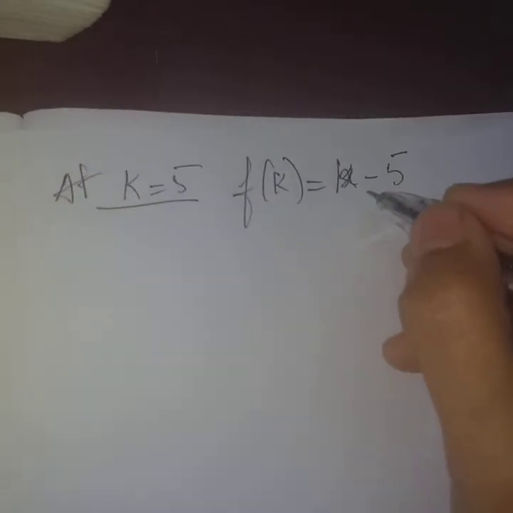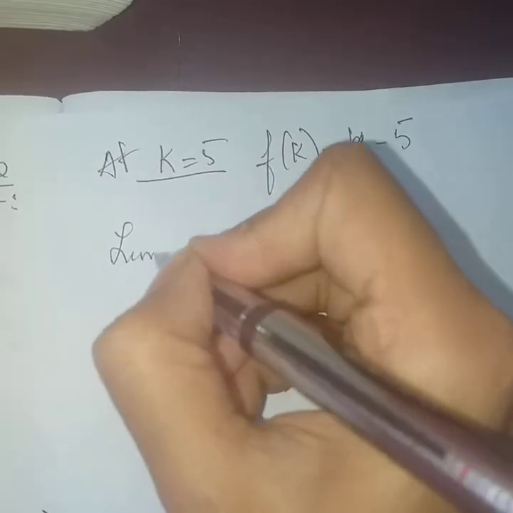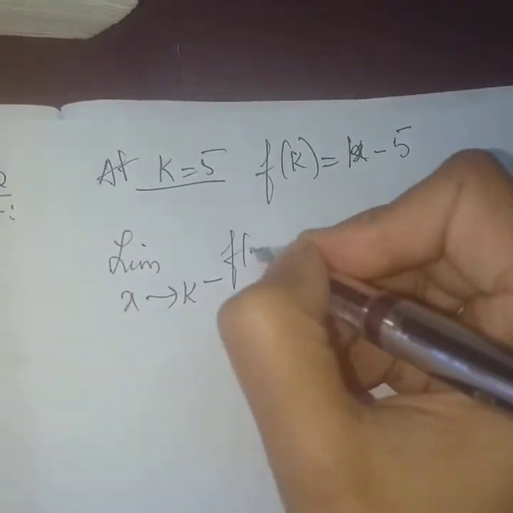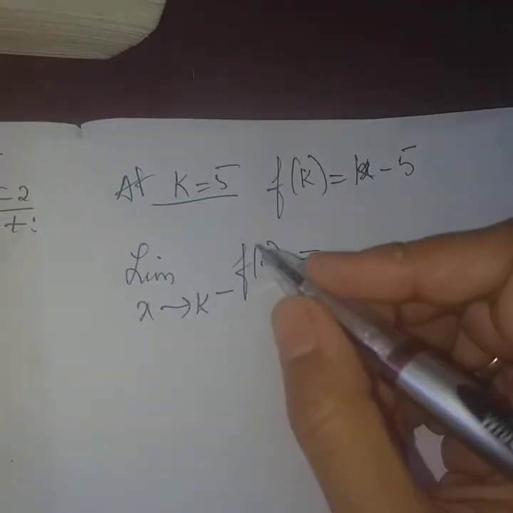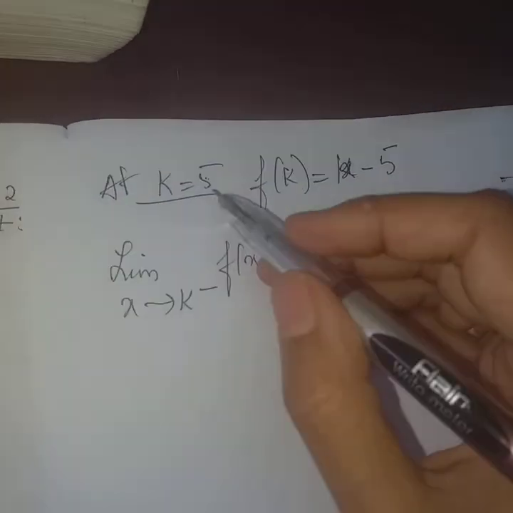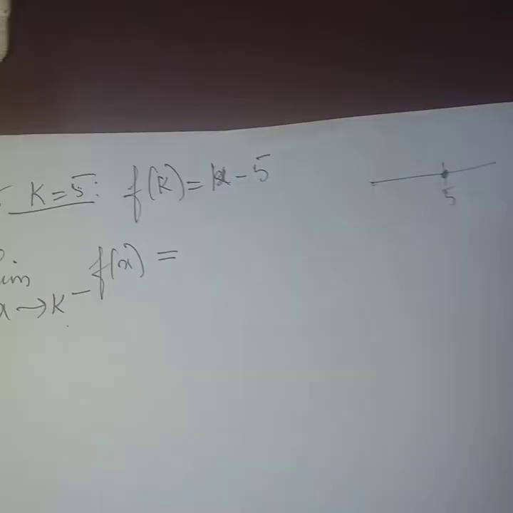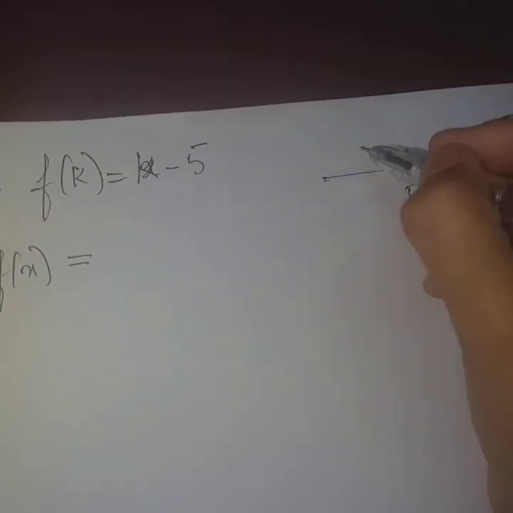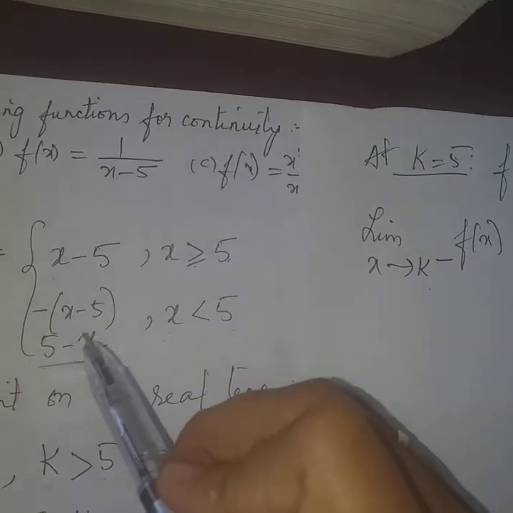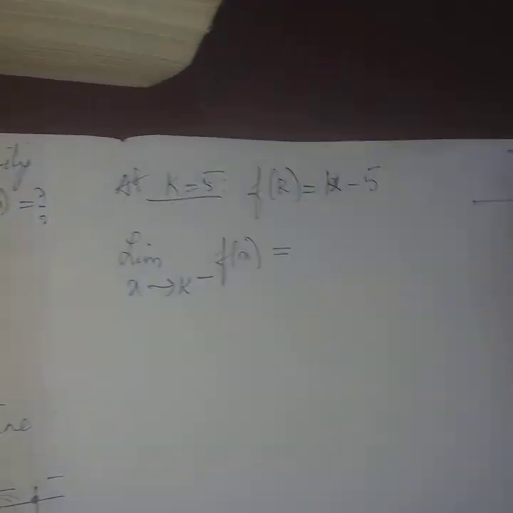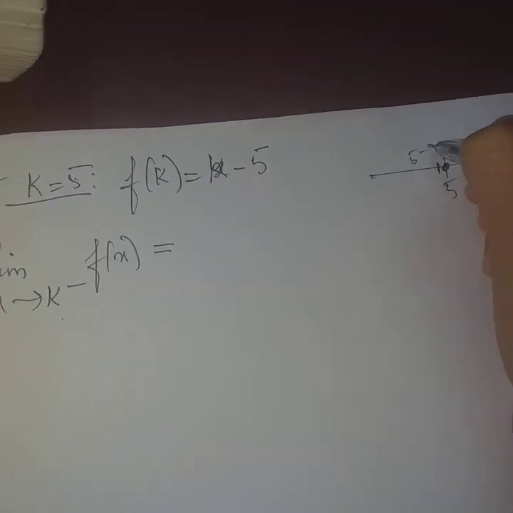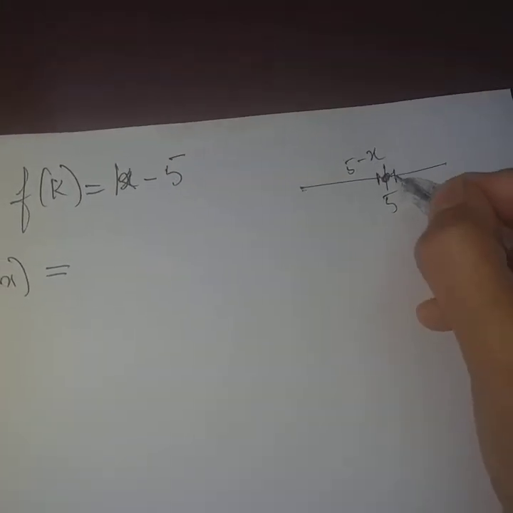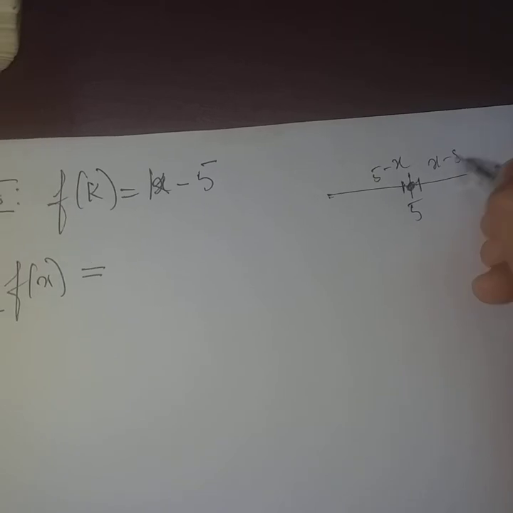Now at the point x tends to k minus of f(x), here k is 5. At a point slightly less than 5, the function was 5 minus x, and at a point slightly greater than 5, the function was x minus 5.